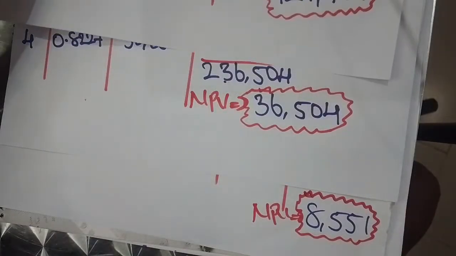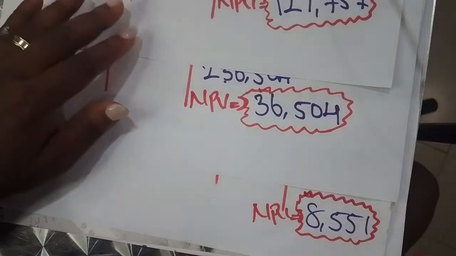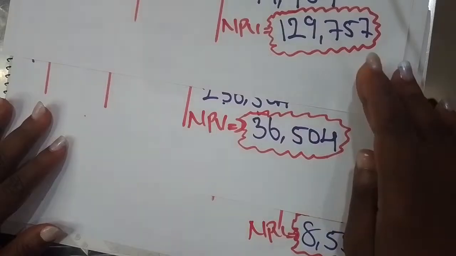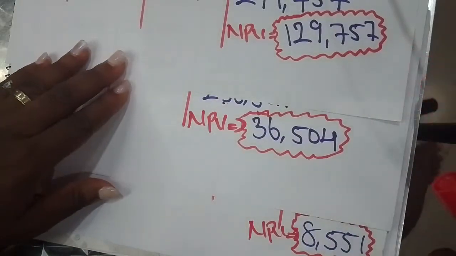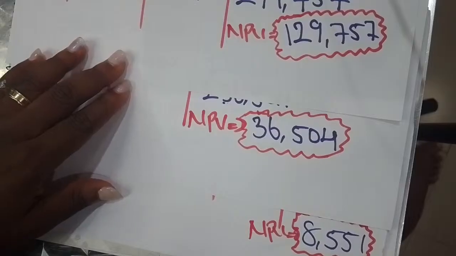And this is project Q. This is project Q, project P, project N. I'm guessing you know the correct answer, right?